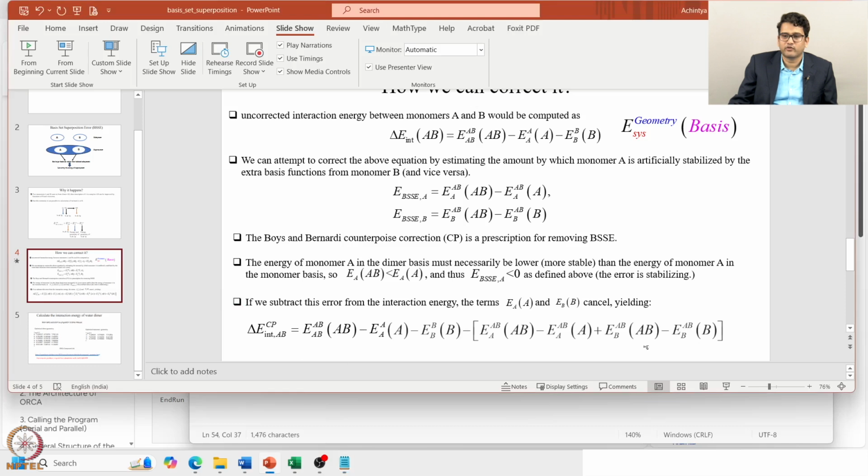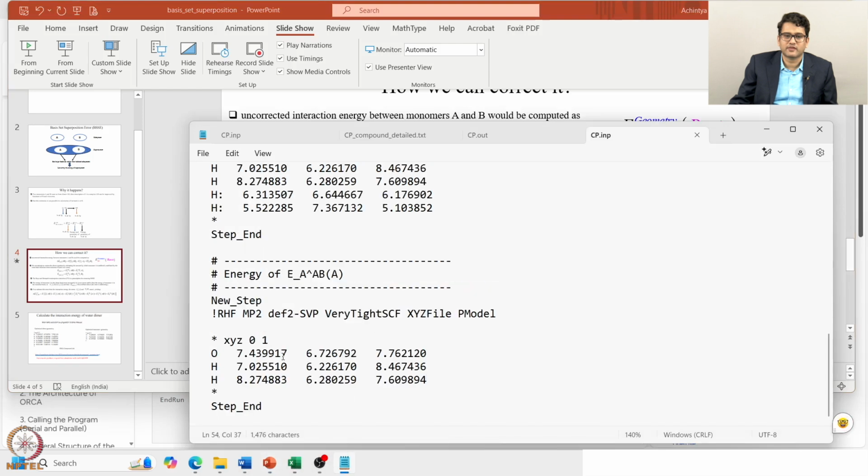So, the next thing I would need is energy of the system B at the geometry of AB and with the basis set of AB. So, again do the copy pasting.